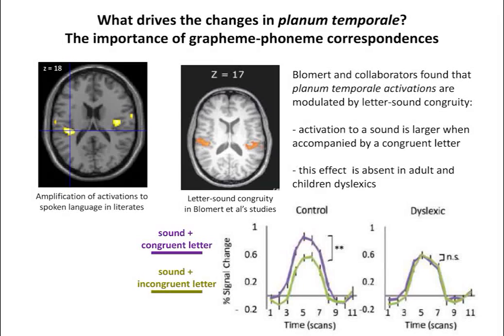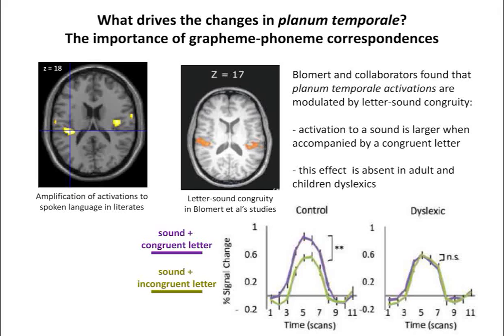There is also beautiful work that should be mentioned here by Leo Blomert, who unfortunately died way too early, and was doing these beautiful studies. And you can see the high convergence between what we found and what he found. What he found was that activation by a sound is modulated by whether there's a congruent letter presented at the same time.